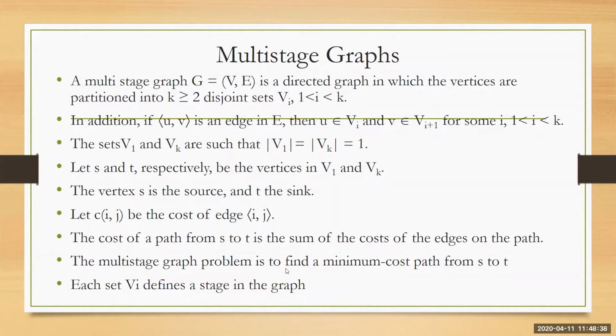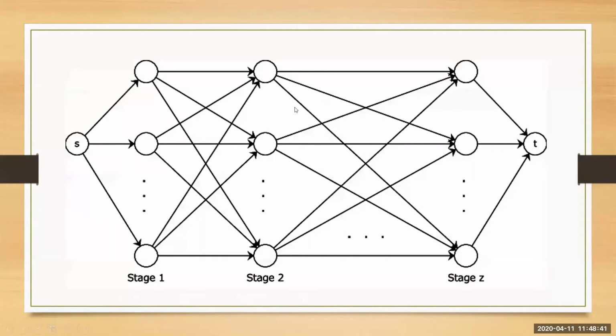So this is an example of a multi-stage graph. Here, if I take these circles as vertices, 3 plus 6 plus 3 is 9, 9 plus 2 is 11. So 11 vertices are there, and the 11 vertices are nothing but the vertex set V. That V is subdivided into different disjoint sets, and we call them stages.